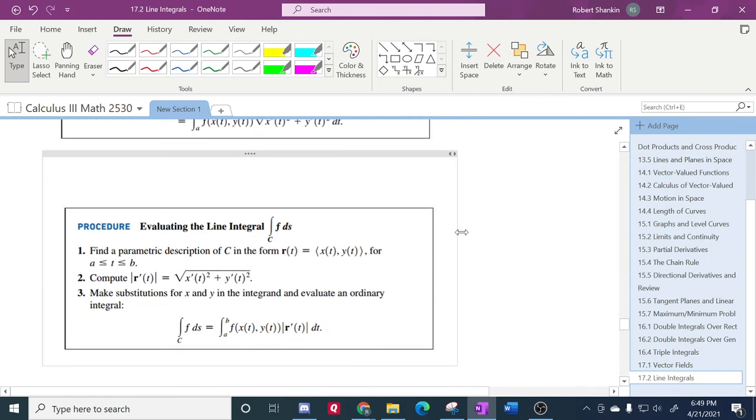Evaluating a line integral. When you are told to evaluate a line integral above a curve C, or it could be below if f had negative values, step one, find a parametric description of C in this form.